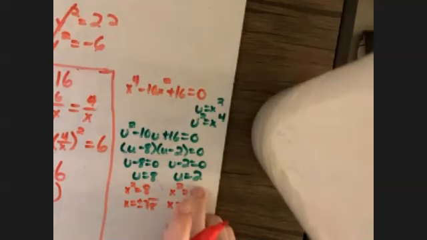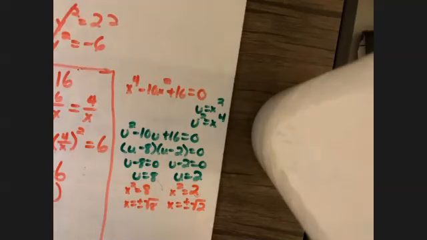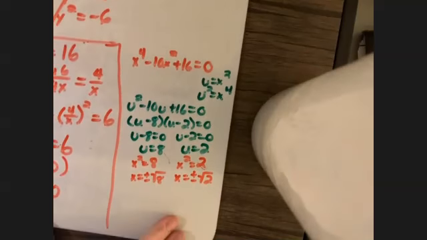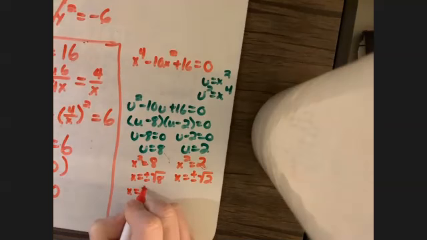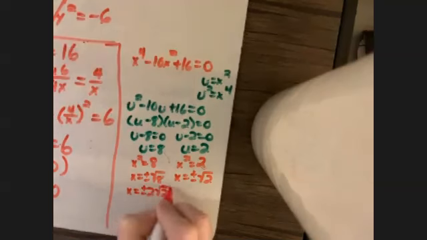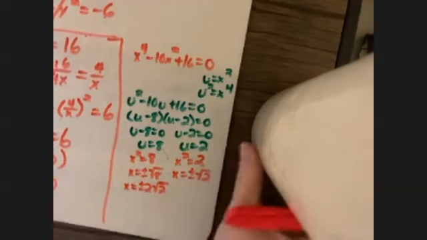Oh, should be a 2, sorry. Okay, so we've got that's plus and minus 2 square roots of 2.